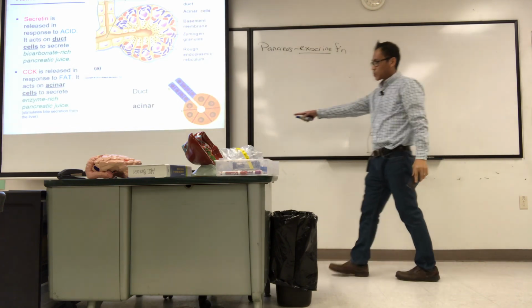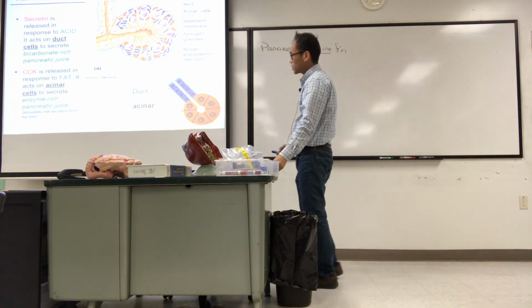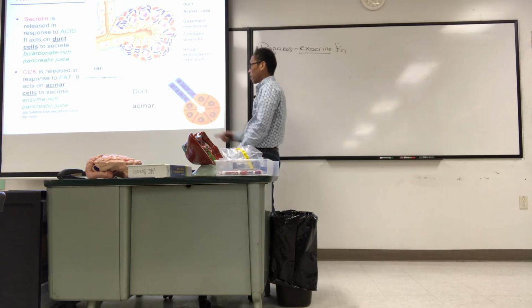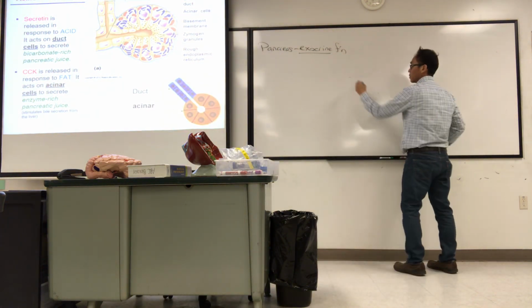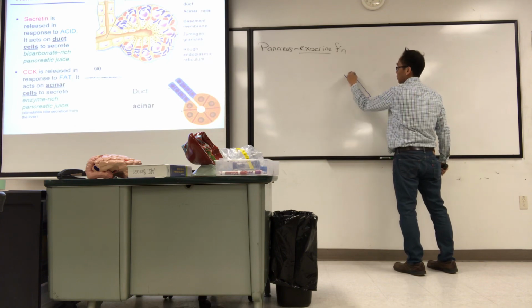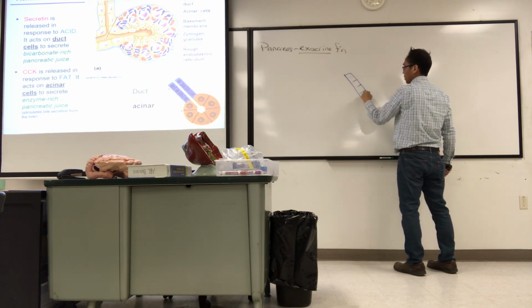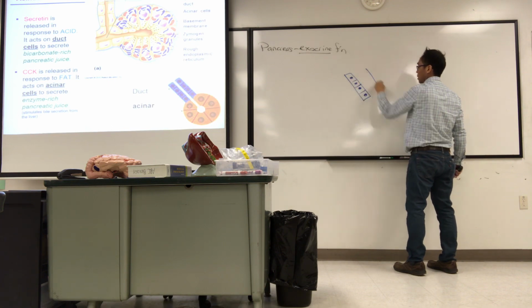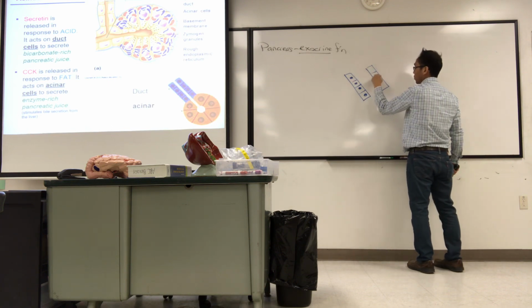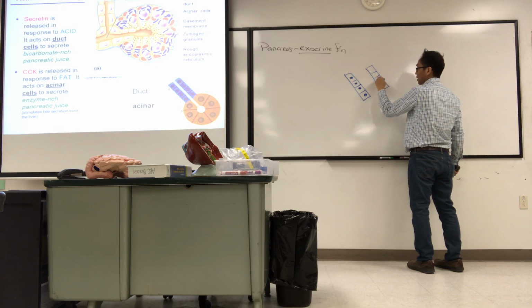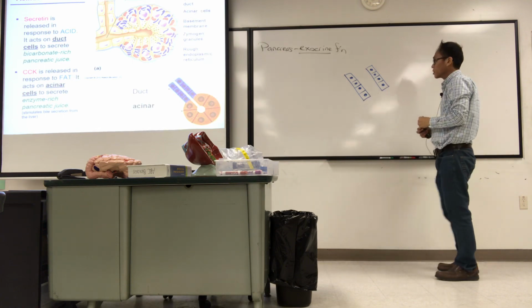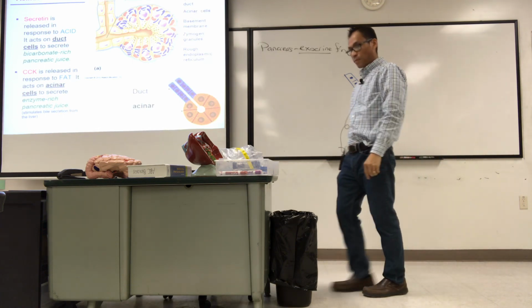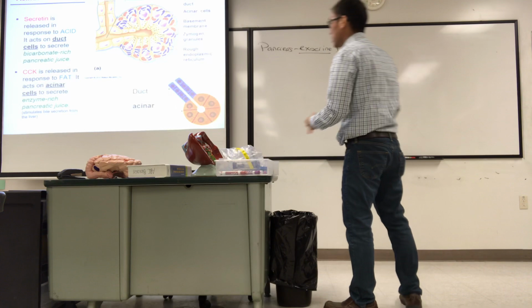Let's look at that bottom structure there. That's useful to look at. Those cells in the pancreas that are the duct cells colored blue, you want to differentiate those from the acinar cells, which are colored orangish. They're the bulbous-looking mushroom-shaped cells.